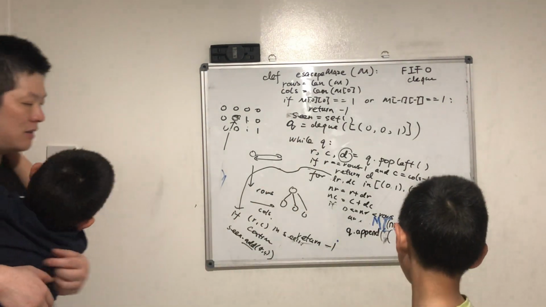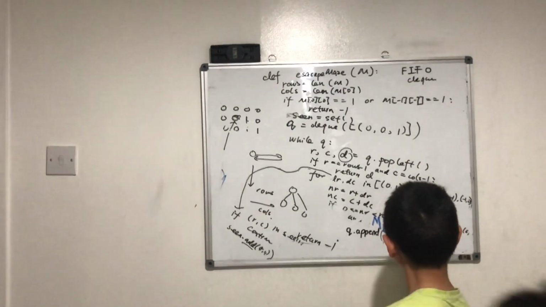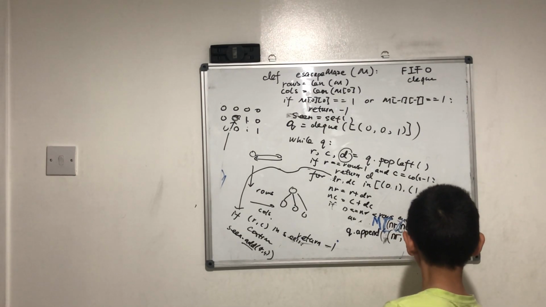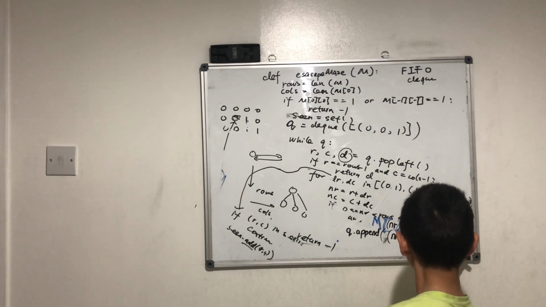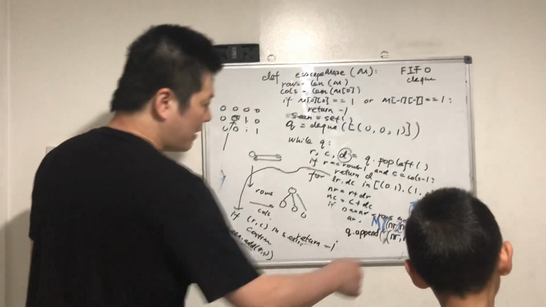Yes. What are we pushing? NR, NC, and D plus 1. Can you explain why it's D plus 1? Because that's the next step of D. Okay, put another bracket.